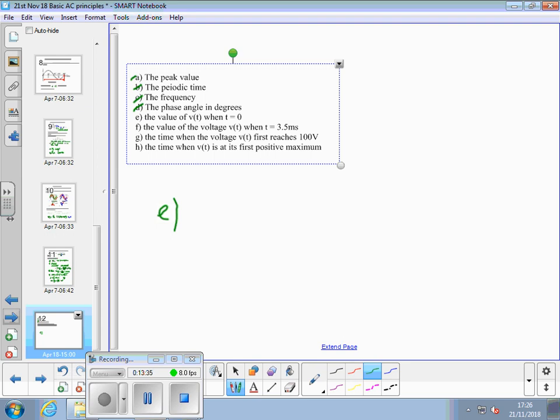So we say V at time 0 is equal to the peak value 335 sine omega times pi times 0, and then that's plus pi over 6 volts. What does this bit evaluate to?